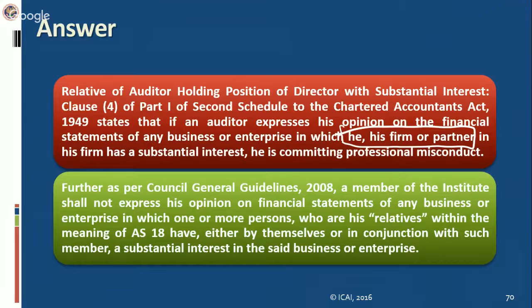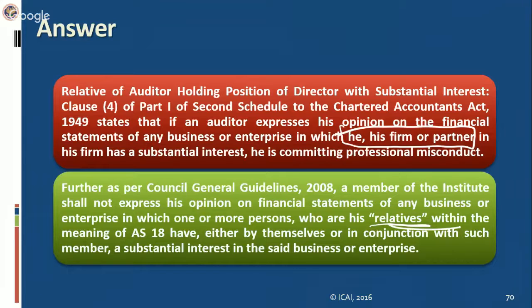As per the Council Guidelines 2008, a member of the Institute shall not express his opinion on the financial statements of any business or enterprise in which one or more persons who are his relatives within the meaning of Accounting Standard 18 have, either by themselves or in conjunction with such member, substantial interest in the said business or enterprise.